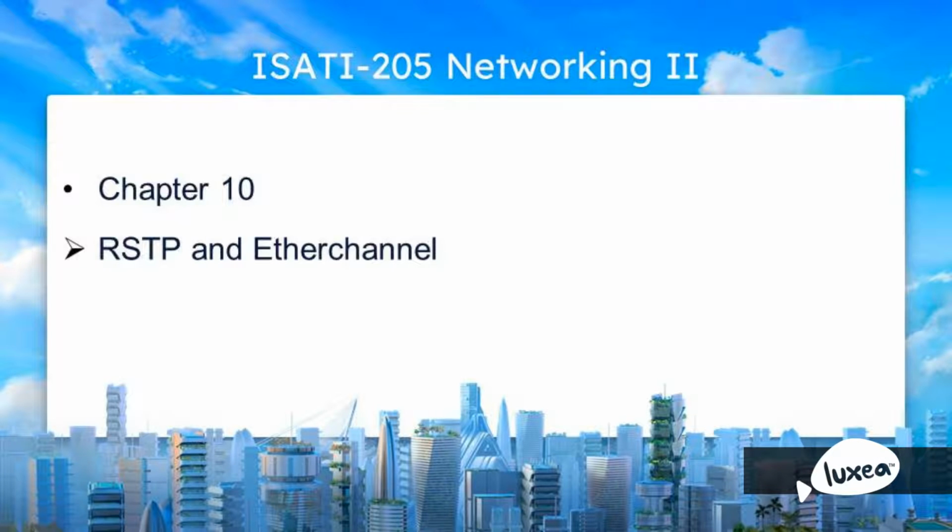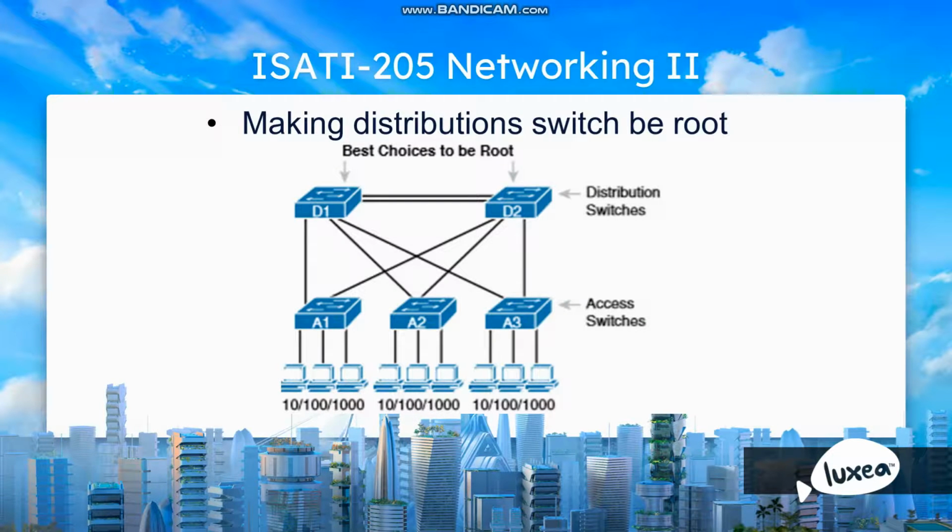Chapter 10. RSTP and EtherChannel configuration. Recently, Cisco IOS switches default to using RSTP rather than STP, because RSTP works with no configuration and it interoperates with STP. This picture is a typical config choice to make the distribution switch the root.